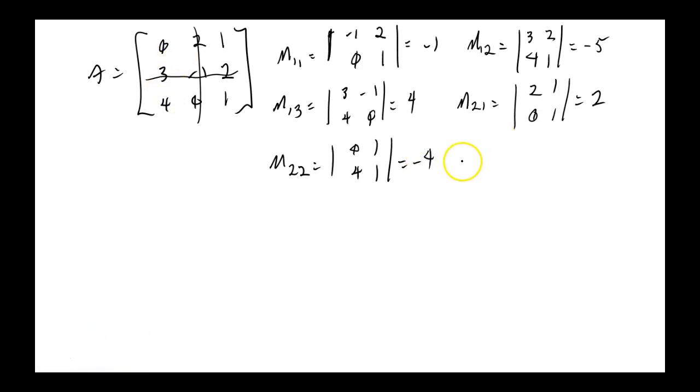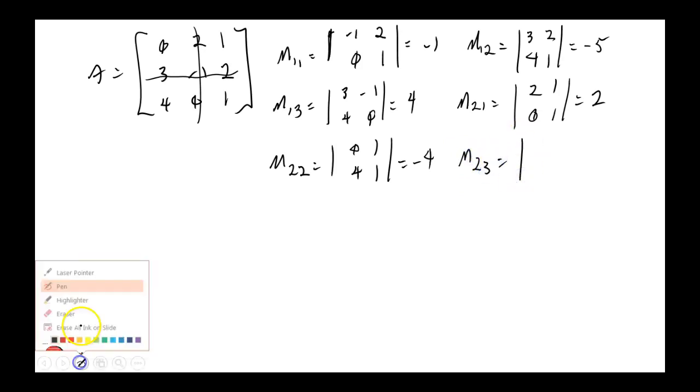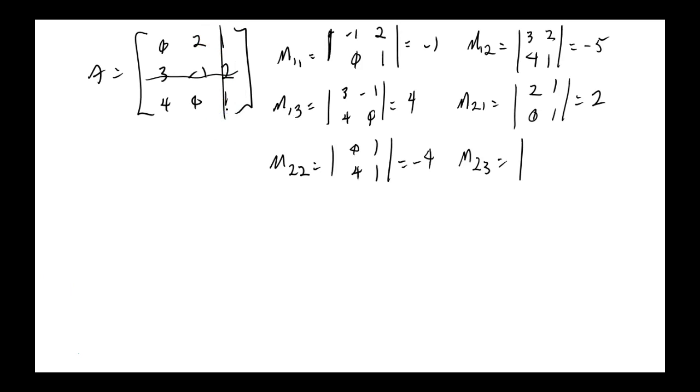Then we'll have M23. And this time we'll eliminate the third column. And what do you have? Yeah, 8? Isn't it negative 8? Yeah, negative 8. All right.